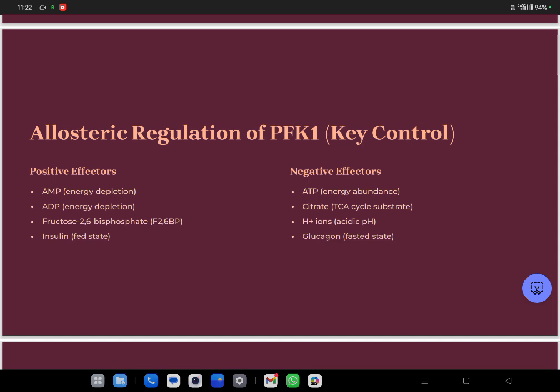So in a fasting condition, ATP is needed. Glucagon, what it does, it will stop it.